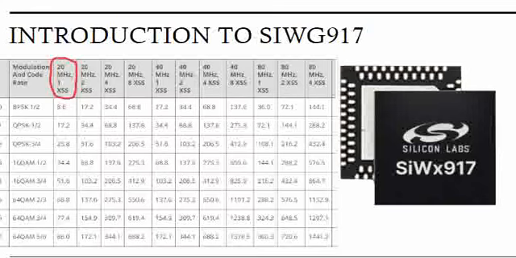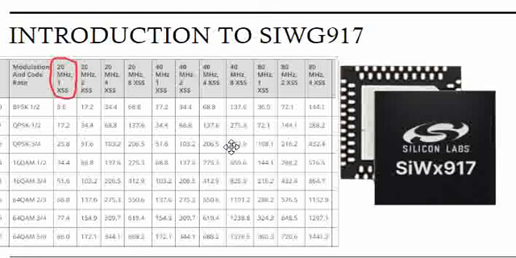Now, when we are talking about Wi-Fi and 802.11ax, we actually have to talk about something called MCS0 to MCS7.